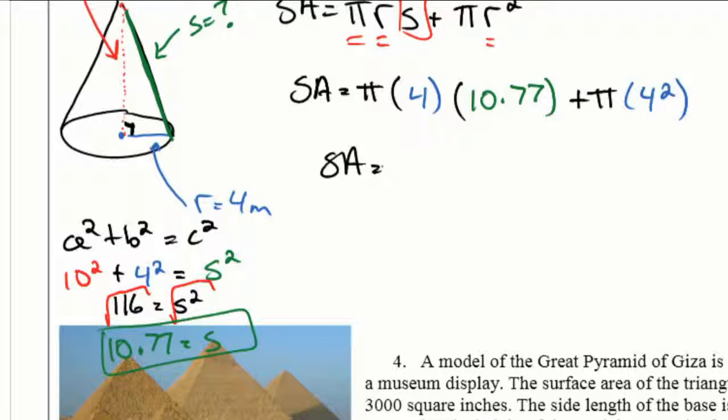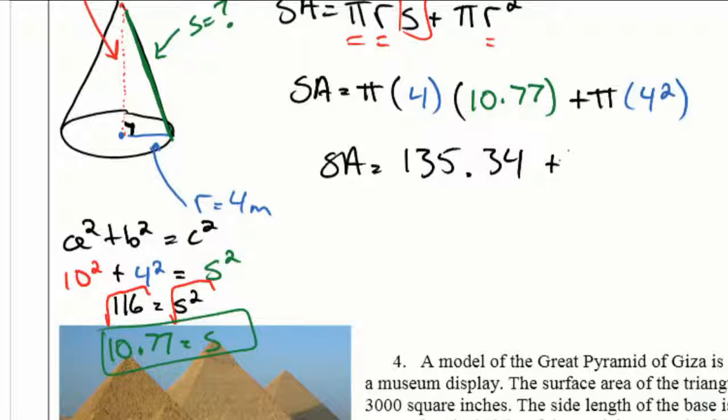Now it's just a matter of doing the math. Pi times 4 times 10.77. So, find my pi button on my calculator. That first little bit is going to give me 135.34.